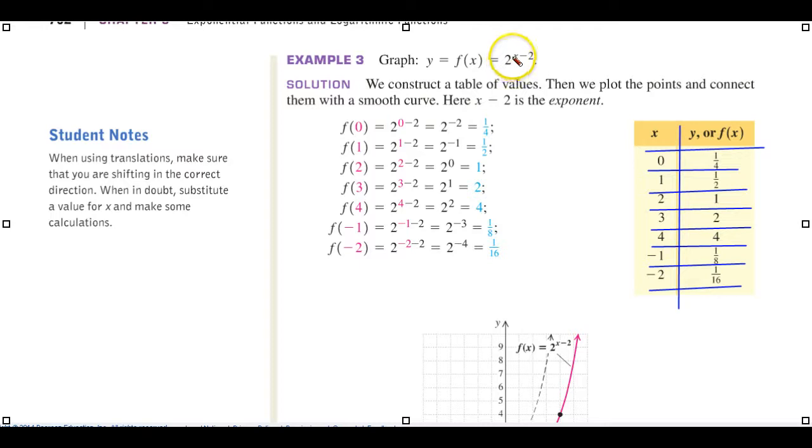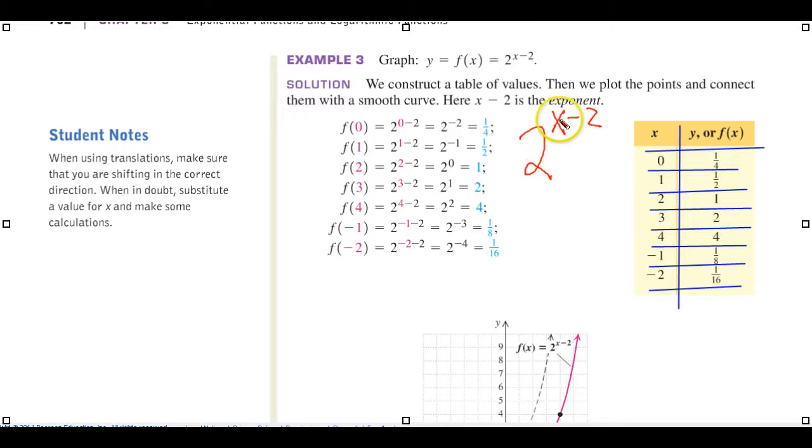So if x is 0, 2^(x-2), this is going to be 2 to the negative 2, which is 1/4. If x is 1, this is going to be 2 to the negative 1, which is 1/2.